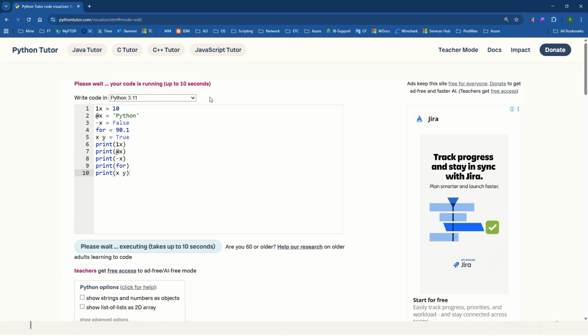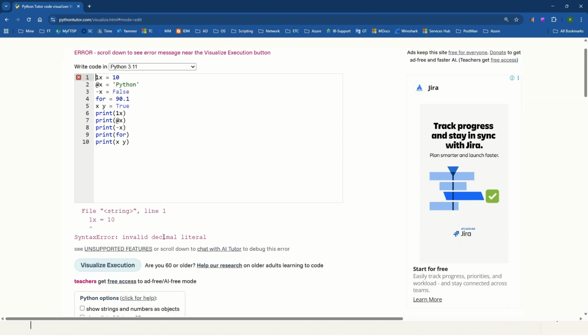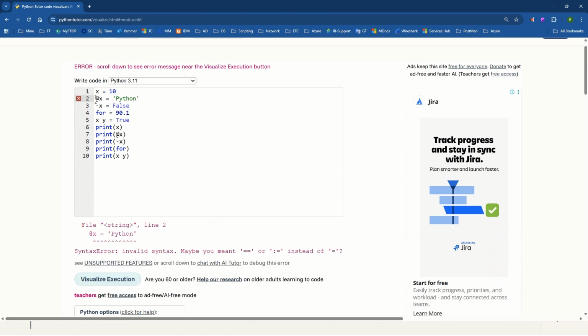Now see, I'm going to print. See? You cannot use a digit at the first. You cannot use anything before any special character.